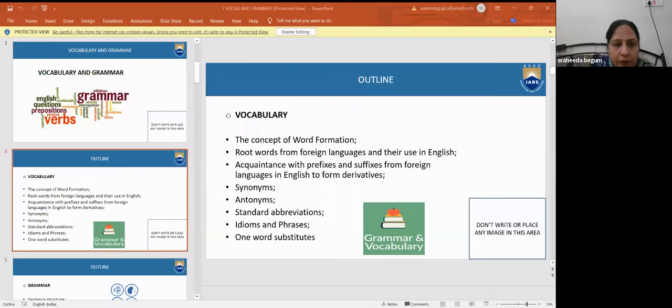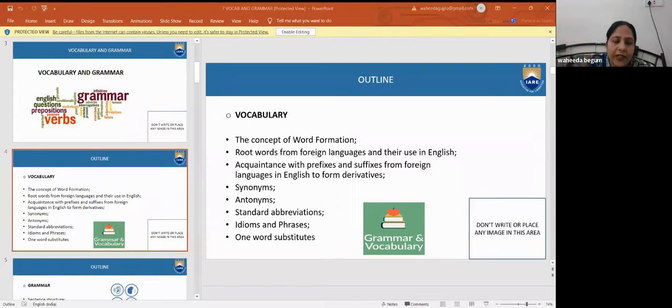Yes, students, the concept of word formation we talked about is derivation, compounding, blending, acronym, loan words, and neologism. Of this, we talked about the formation of word from another word or base, or the relation of a word to its base or root.